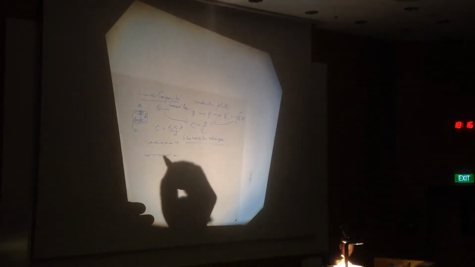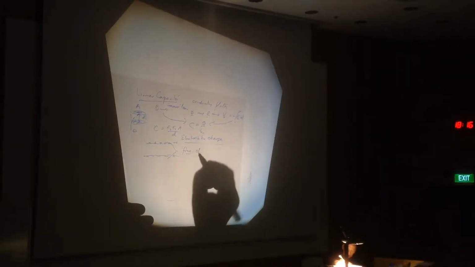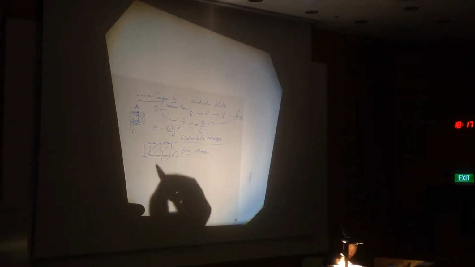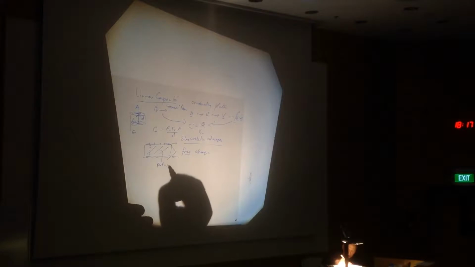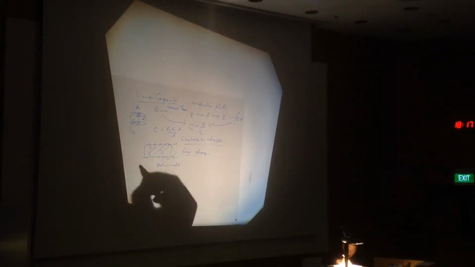So these are the free charges. As I told you, if I have a dielectric, inside here you may create polarization charges. These are the charges inside the dielectric, the dielectric polarization charges.